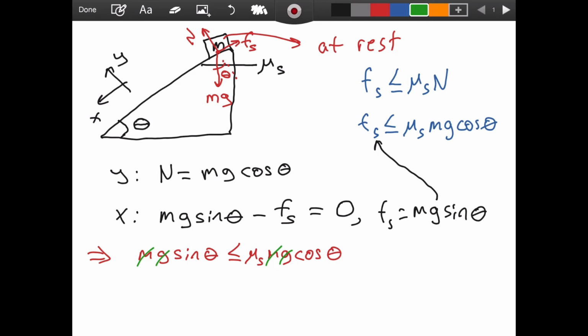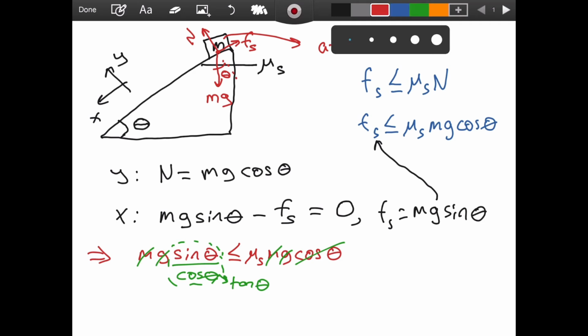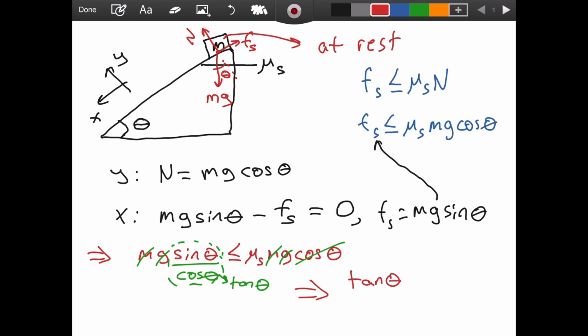And if we divide both sides by cosine of theta, we will have sine of theta divided by cosine of theta, which by definition is equal to tangent of theta. So we found a very neat inequality, I would say. Let me write it the other way, which states that tangent of theta is less than or equal to the coefficient of static friction.